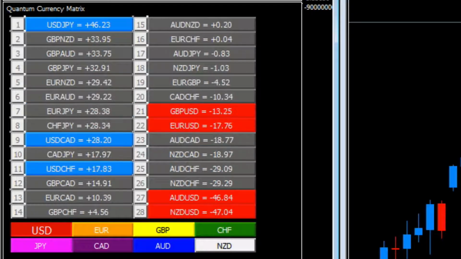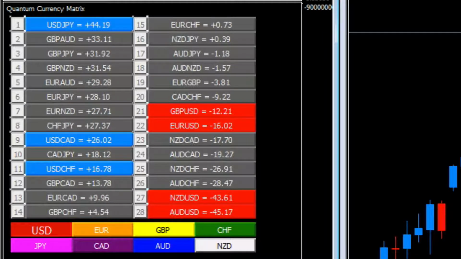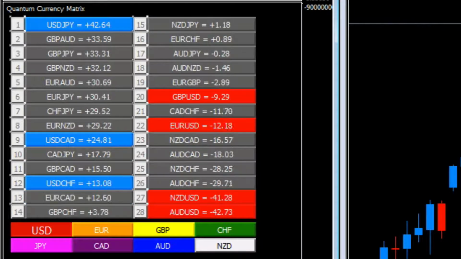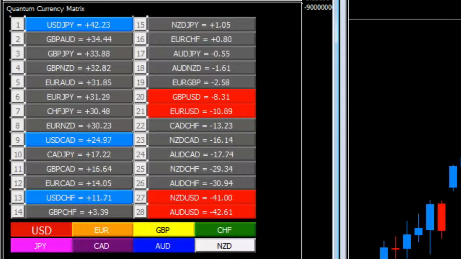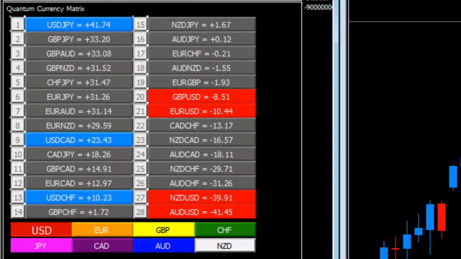Not only will it reveal the currency flows, it will also reveal where those flows are strongest and weakest. In particular on this time frame, certainly at present, the strongest flows are selling the Aussie and buying the dollar, or in the dollar yen.